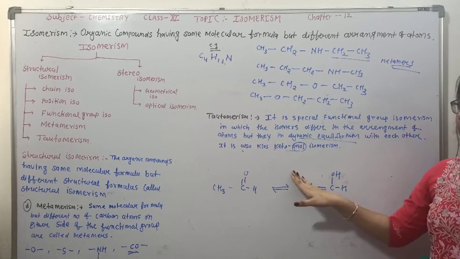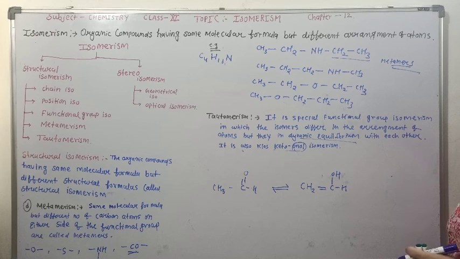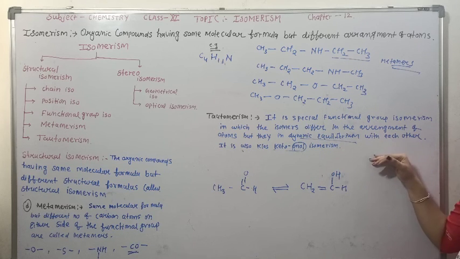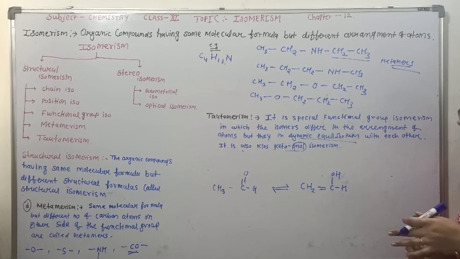Now the next and last structural isomerism is tautomerism, that is a special isomerism. Okay, it is a special functional group isomerism in which the isomers differ in the arrangement of atoms but are in dynamic equilibrium with each other.